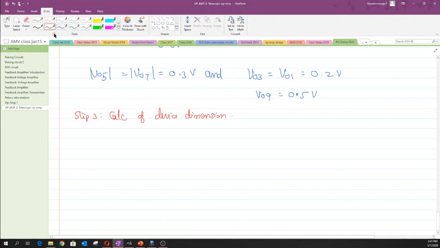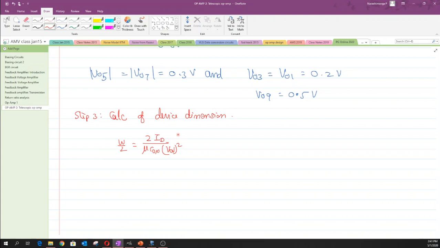Now we know that just by using the simple formula of current, because all the transistors are operated in the saturation regime, based on the saturation current expression, one could write it as mu Cox times VOV, the whole square. Based on this, one could evaluate the value of W/L factors for all the structures that we have discussed till now. I will give this as an assignment.